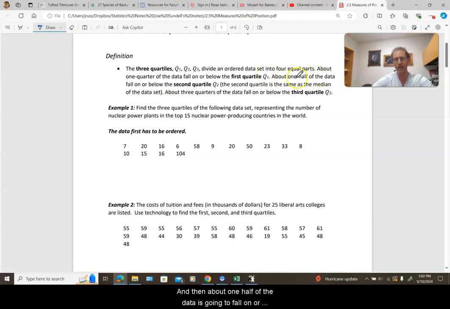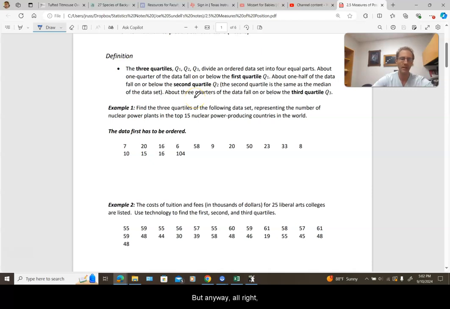And then about 1/2 of the data is going to fall on or below whatever the second quartile is. And guys, I want to point out, we've already worked with the second quartile. We called it the median. It's the 50th percentile, okay? So we've already seen that. And then about 3/4 of the data is going to fall on or below the third quartile. So this is the same as the 75th percentile.